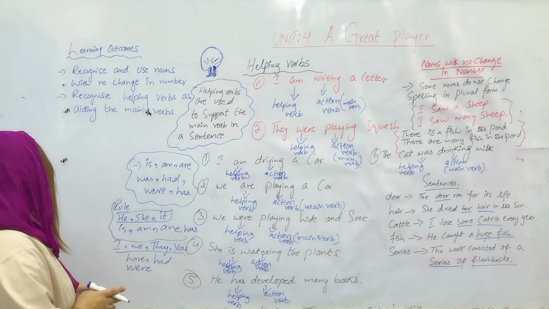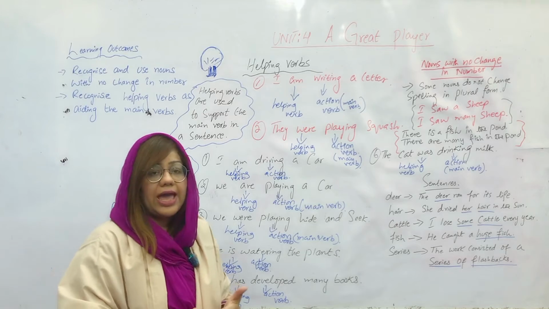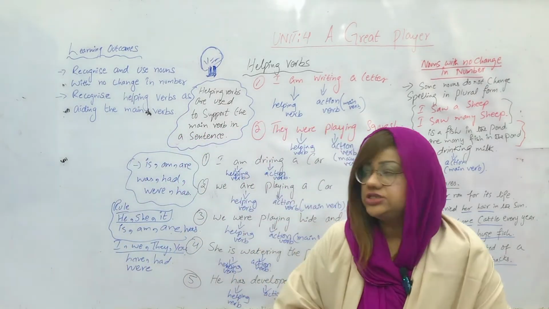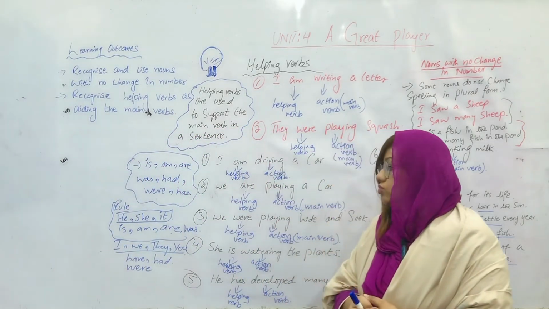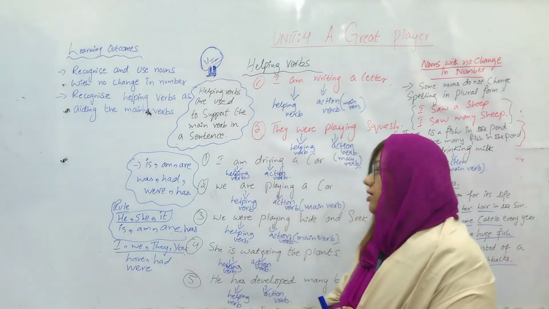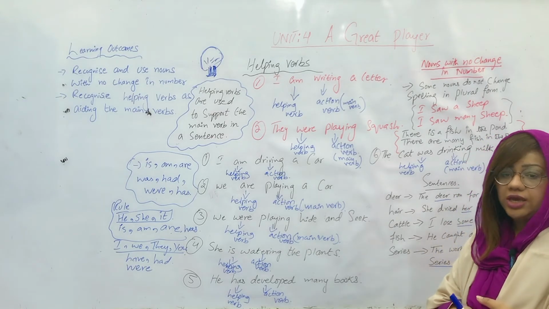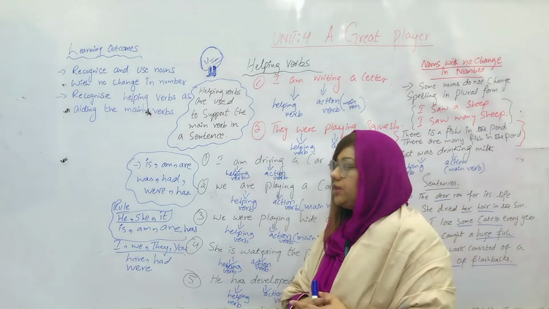So these are the rules for using is, am, are for he, she, and it, and for I, we, they, you, we use have, had, were.